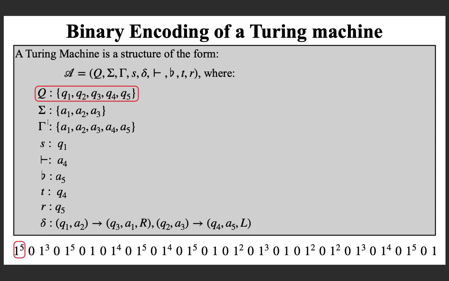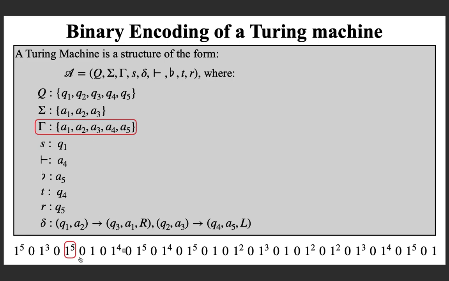Then the next component is the alphabet set, and that should be represented by how many input alphabets are there, 3. And the delimiter between 2 successive components is 0, and each component is represented by a string of 1s. Okay, this is the number of input alphabets. After the next 0 you will have the number of tape alphabets, it is 5.